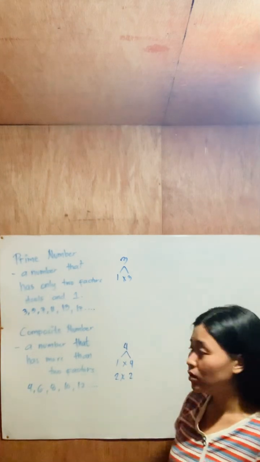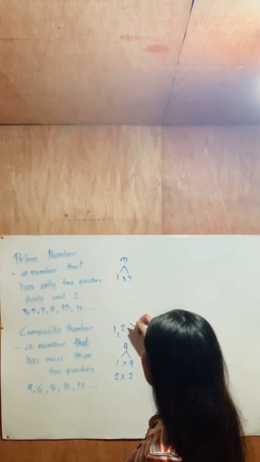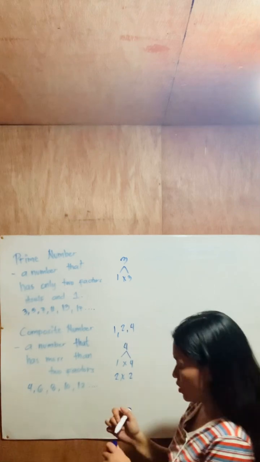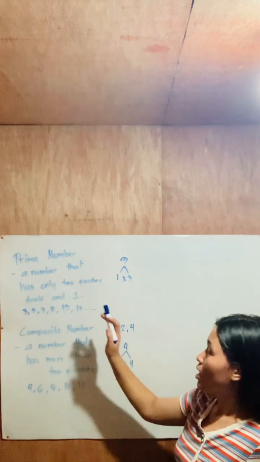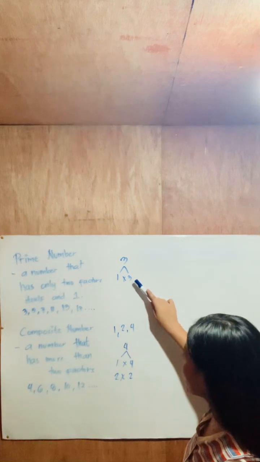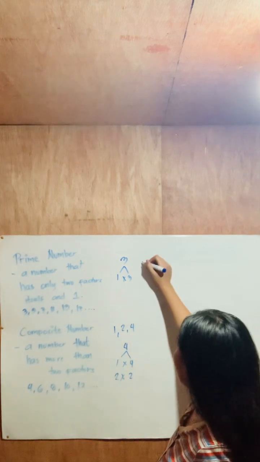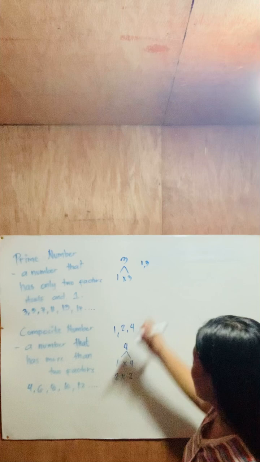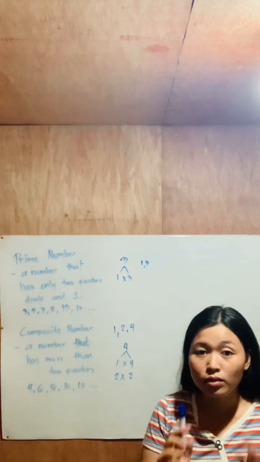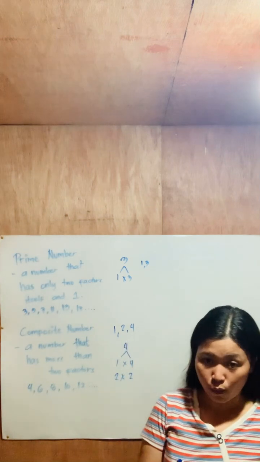So the factors of 4 are 1, 2, and 4. A prime has only 2 factors, which are itself and 1, like 1 and 3. And a composite number has more than 2 factors, like 1, 2, and 4.